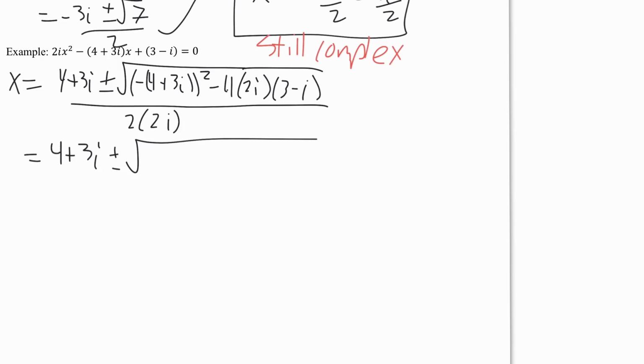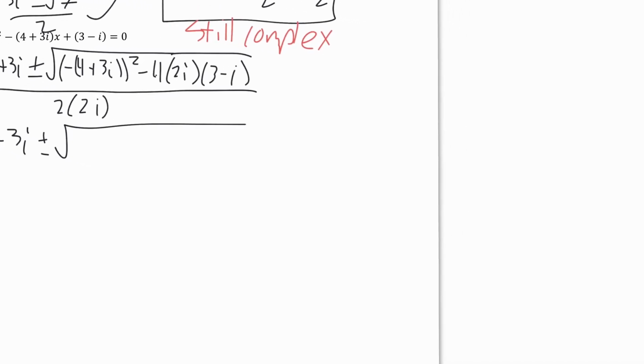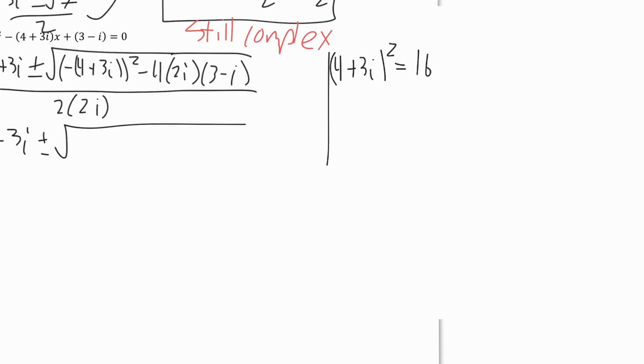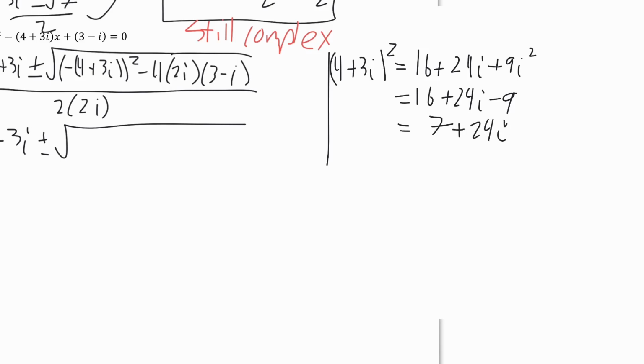So we have 4 plus 3i squared, which will give us 16 plus, well again, we get 12i and 12i, so 24i, plus 9i squared. 16 plus 24i minus 9, so 7 plus 24i.